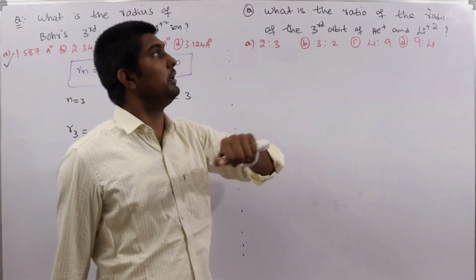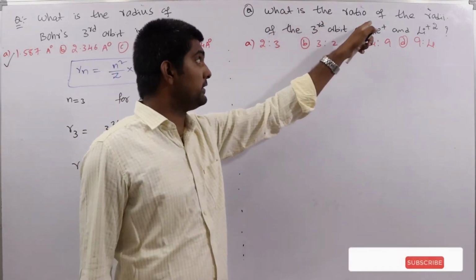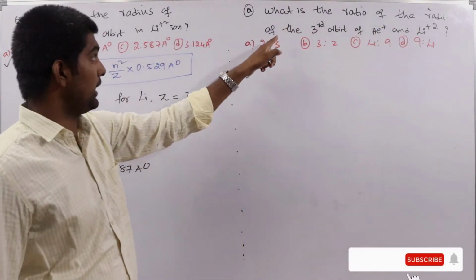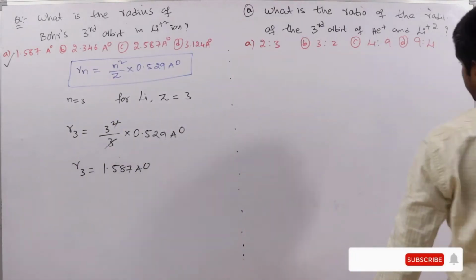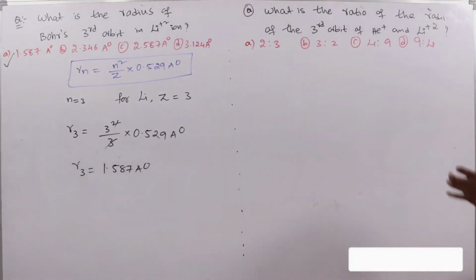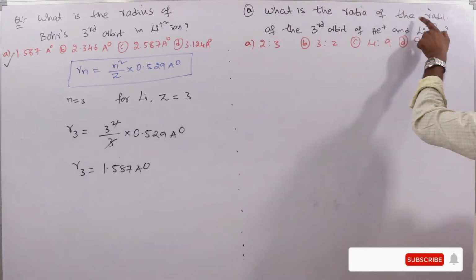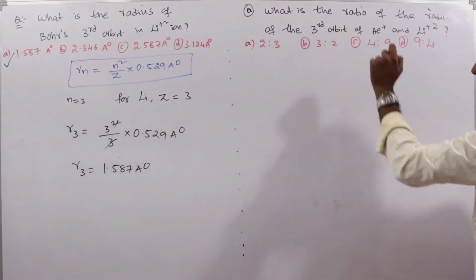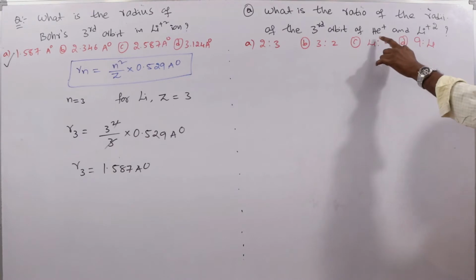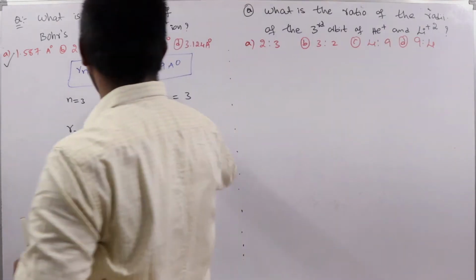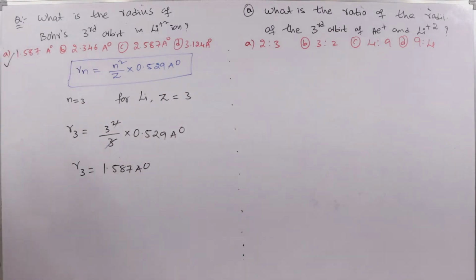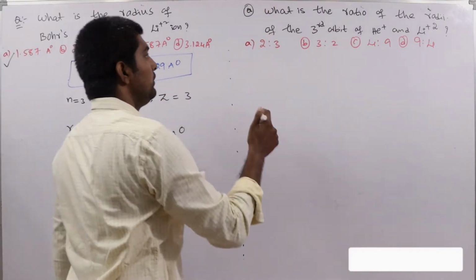This is another type. What is the ratio of the radii of the third orbit of helium plus and lithium plus 2? See here, they ask you to find the ratio of the radii of the third orbit of helium plus and lithium plus 2. Again, what is the formula? The same formula we use here.